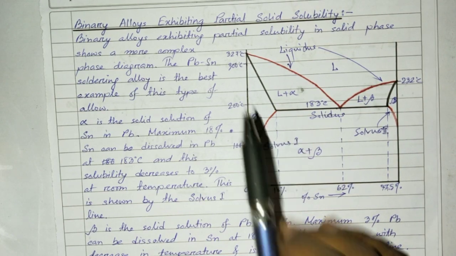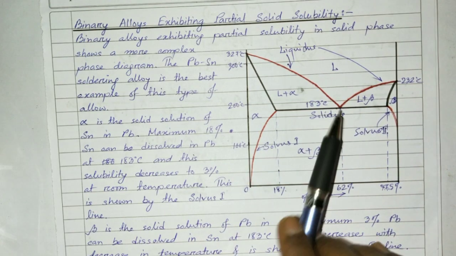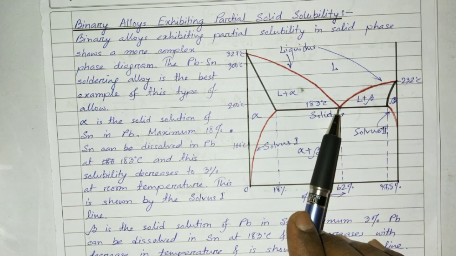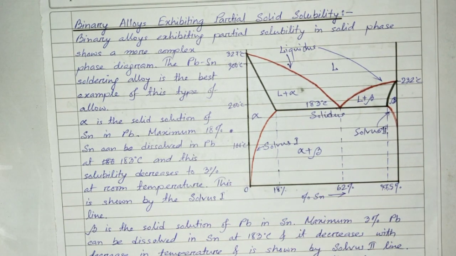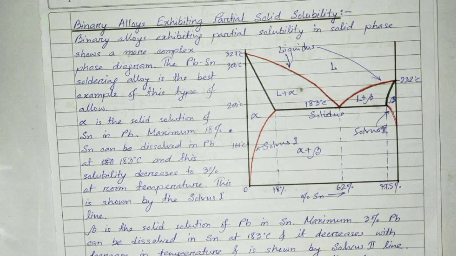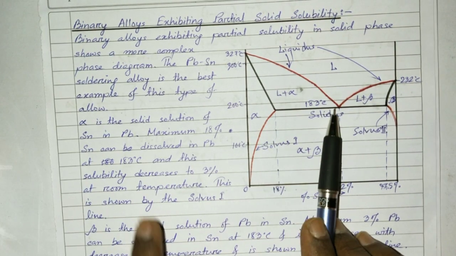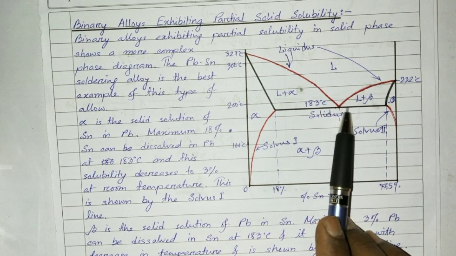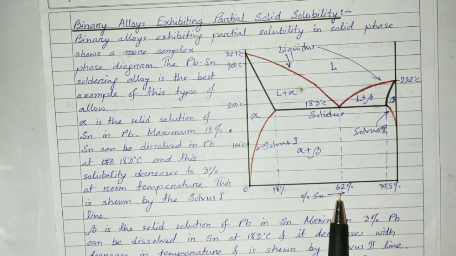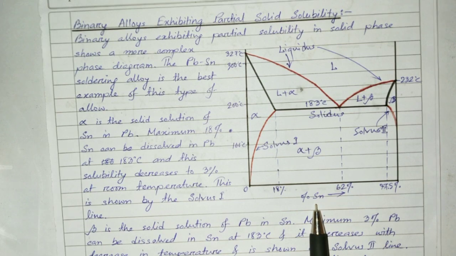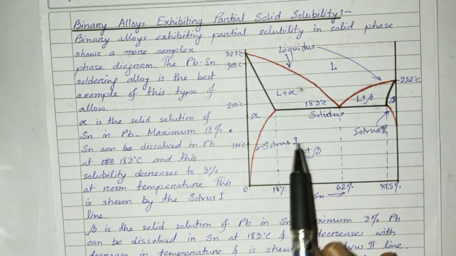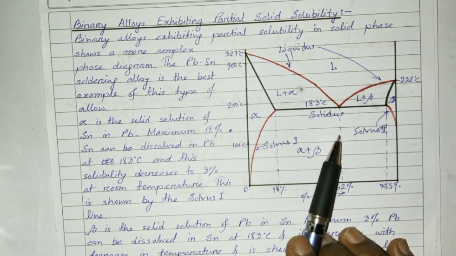Now the liquidus and solidus intersect at this point, and it is called the eutectic point. The eutectic temperature is 183 degrees centigrade, and the eutectic composition is 62% of tin in lead. Now what do the solvus lines actually denote?